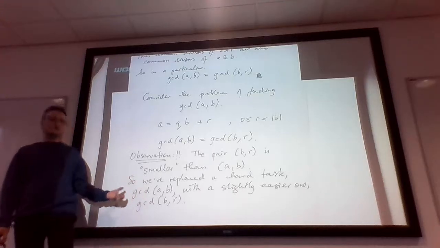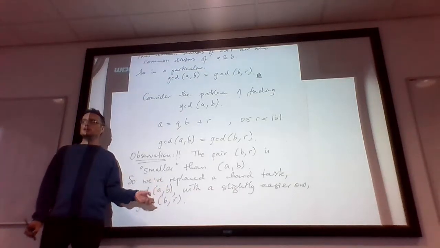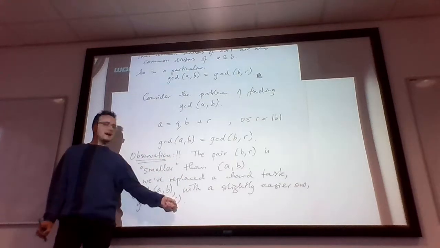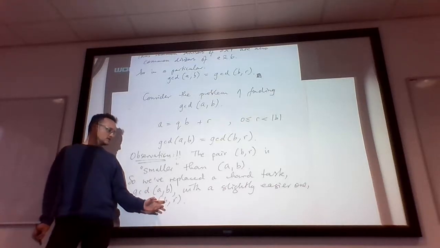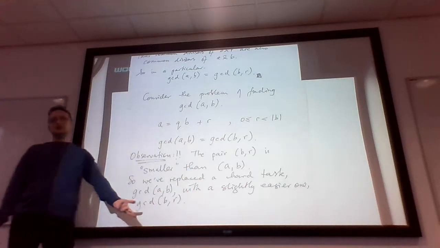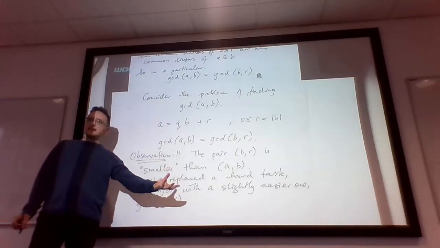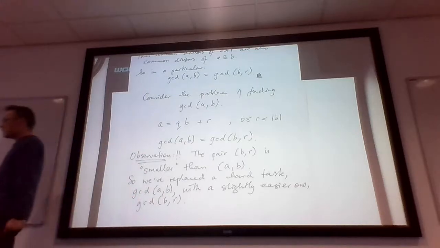So we start out asking for the greatest common divisor of a certain pair AB. But then we move to the smaller pair BR. Then we just do the same thing again. Next, we're going to divide B by R. We'll get a new remainder, which will be smaller still. And then we can move to that pair and keep on reducing the numbers until they get so small.